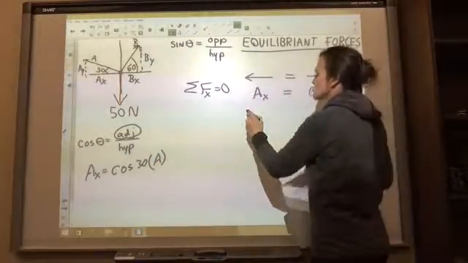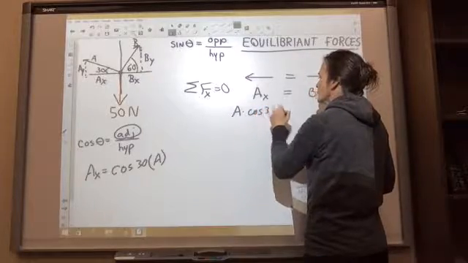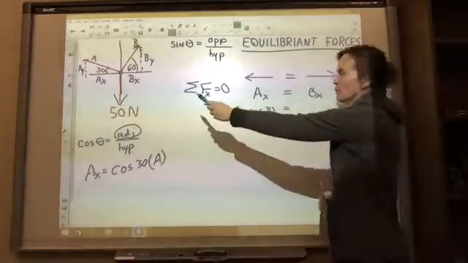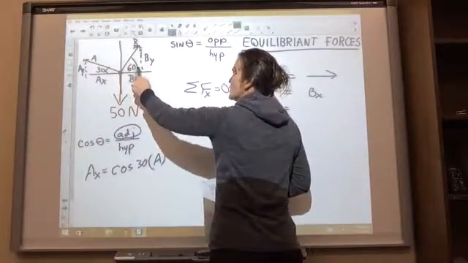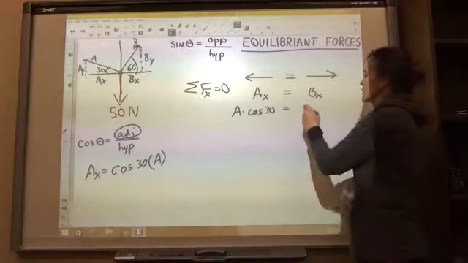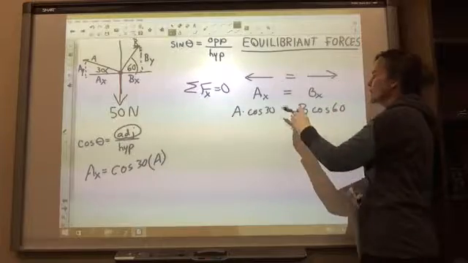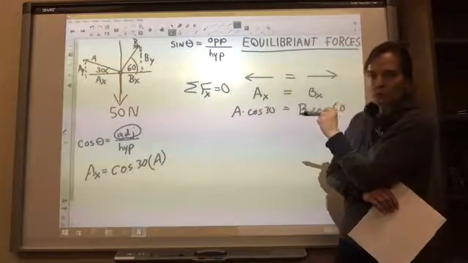So in for A sub x, we're going to put A cosine 30. And in for B sub x, very similarly, the B sub x side of vector B is the adjacent side of this angle 60. So we'll say B cosine of 60. If these pull equally, the 50 Newton weight will remain static.